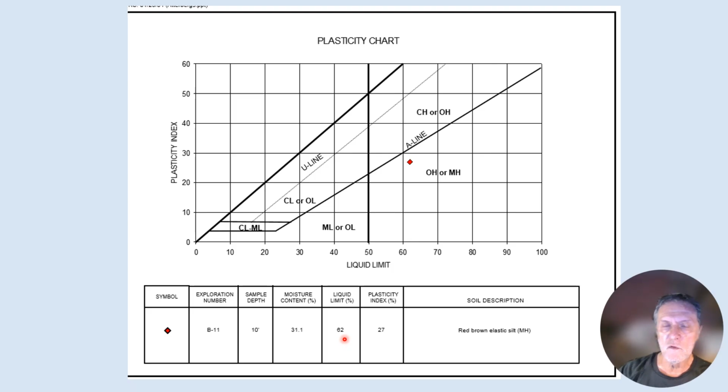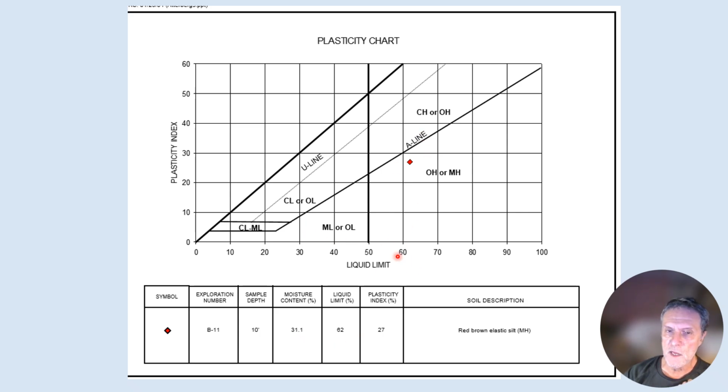Then you take some of that soil and you rub it between your hands, form rolls, keep rolling it until it dries up and breaks up. That is your moisture content on the dry side, say 31%. So the 62 minus the 31 in this case would give you a plasticity index of 27.